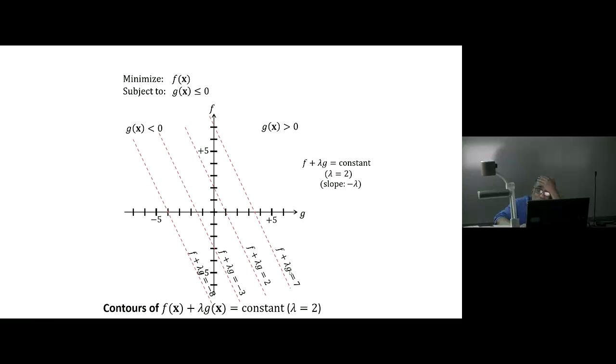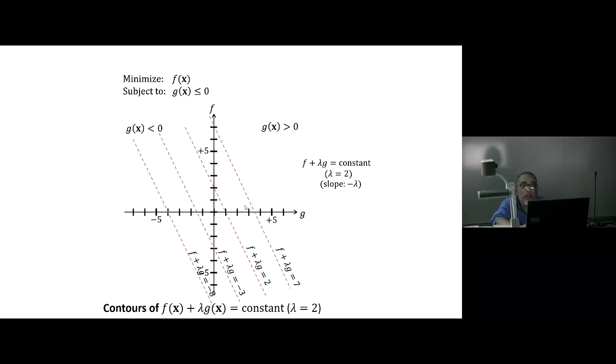With g equals 0, whatever is the value of f will be the value of the constant. So here, what's the f-intercept? 7. This is 5, 6, 7. So the f-intercept gives us the value of the constant.